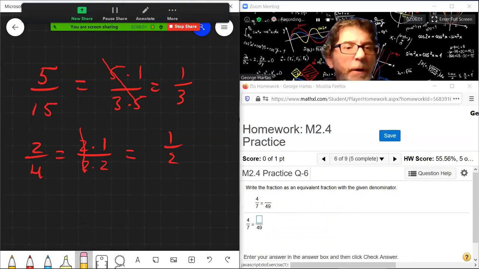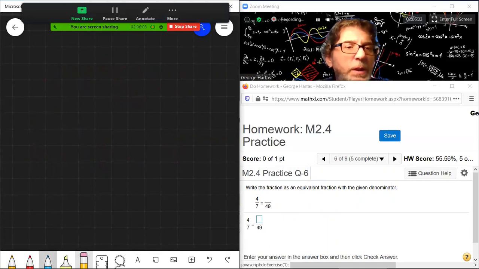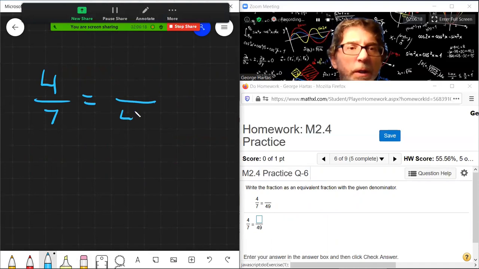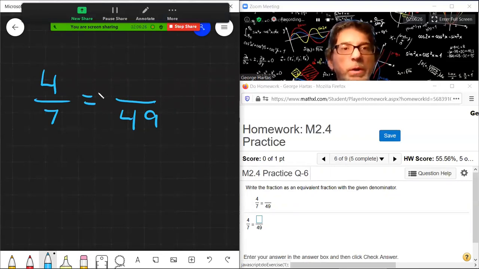Let's keep going. So now we have a different type of fraction here. So let's write it down. 4/7 is equivalent to what over 49? So here we're looking for some number to put here that is equal to 4/7. 4/7 is equal to what over 49?